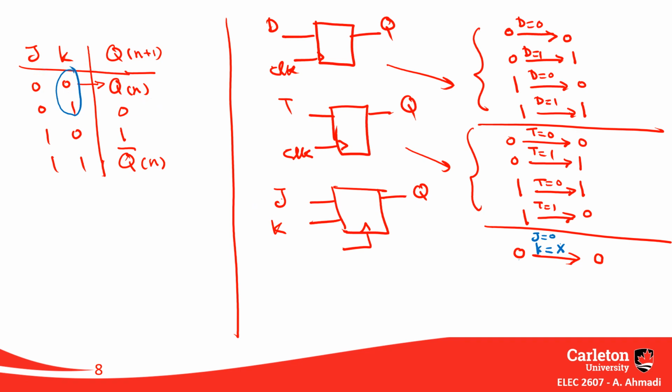Same story or similar story for other inputs. Now, if you have 0 at your current state and you want to change it to 1, what combination of inputs will do that for you? Your current state of JK flip-flop is 0. You want to change it to 1.